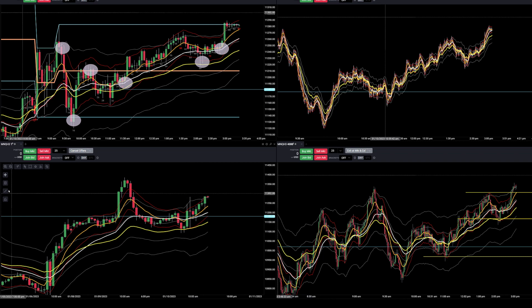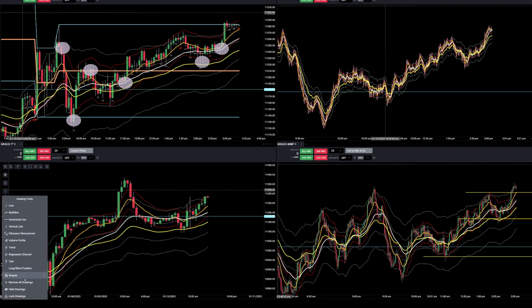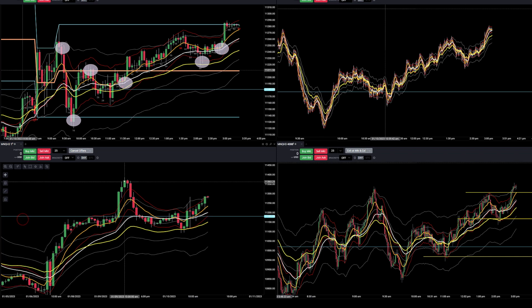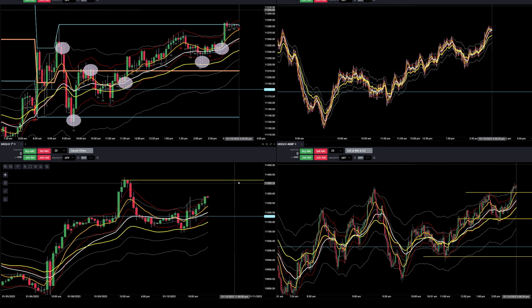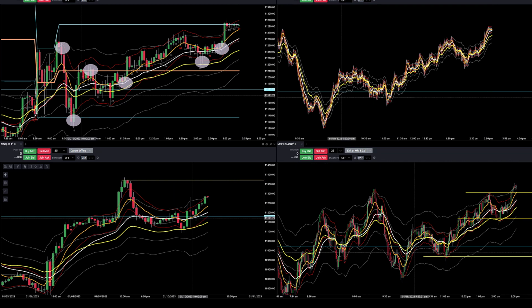So the first thing that we would identify is a key level here on the 60-minute, which it's going to try to reach for, right around the 369 handle, 11369. That would be going into this open.